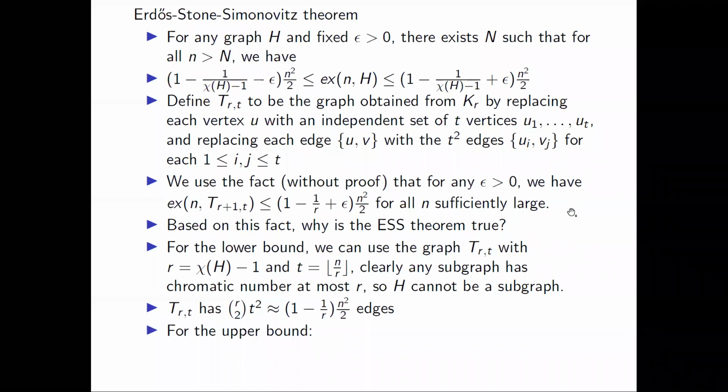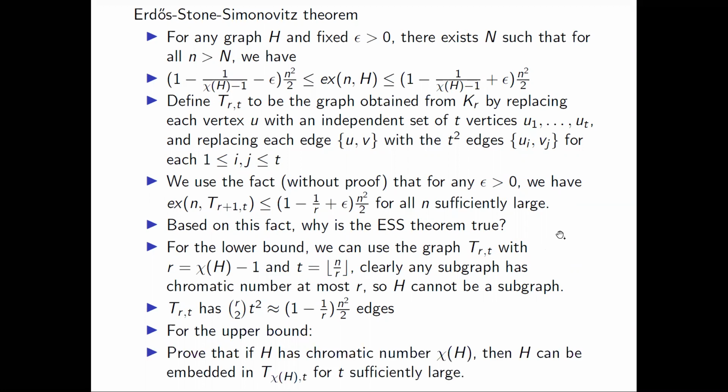So the upper bound. In order to see the upper bound, this is a problem for you to think about. And I meant to write problem here, but I didn't write it, so I'll write it here. So a problem for you to think about. And this one is pretty straightforward.